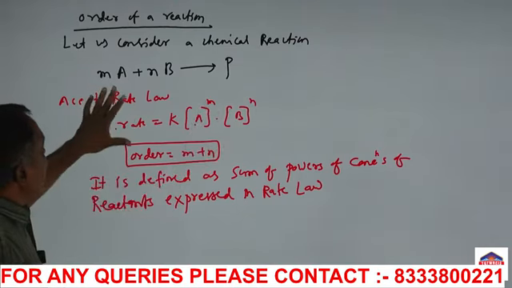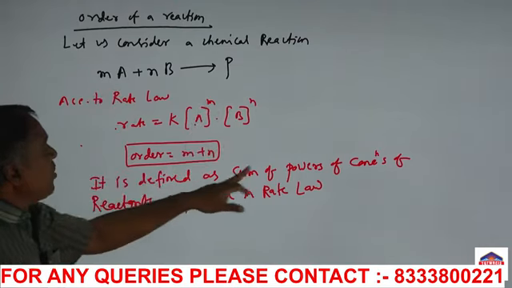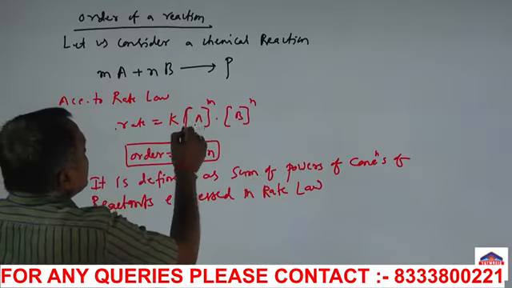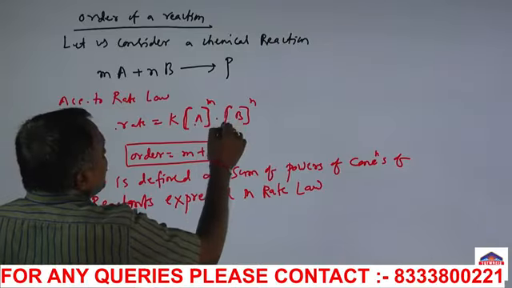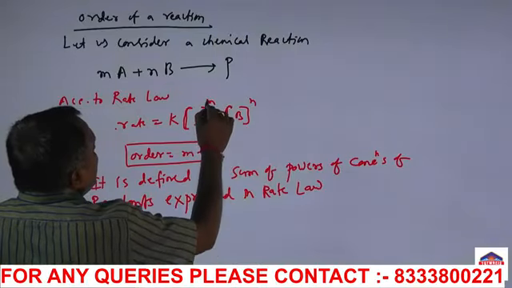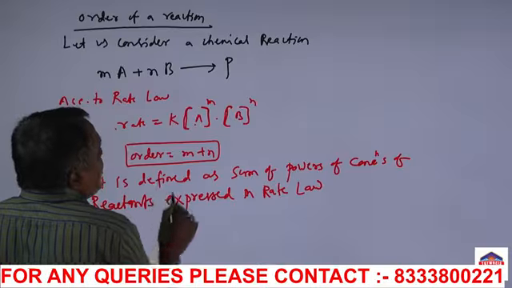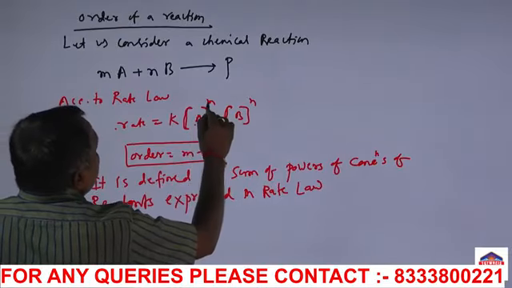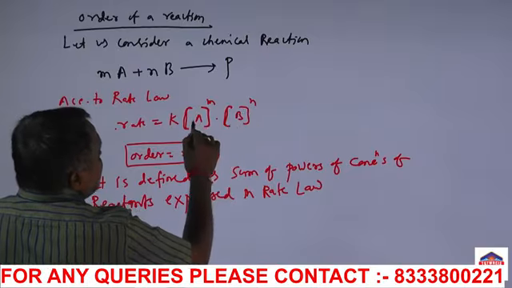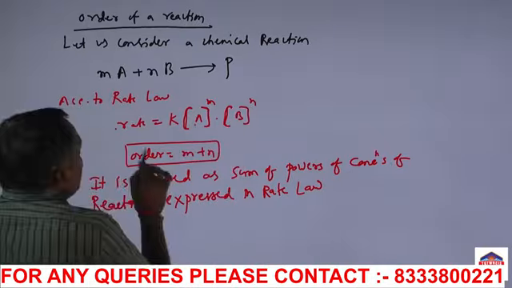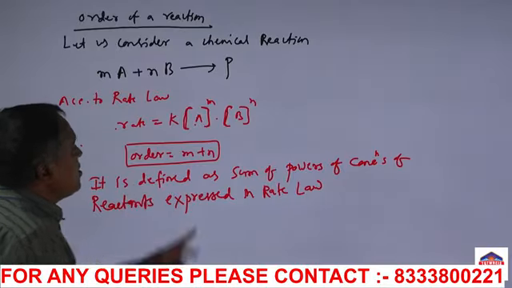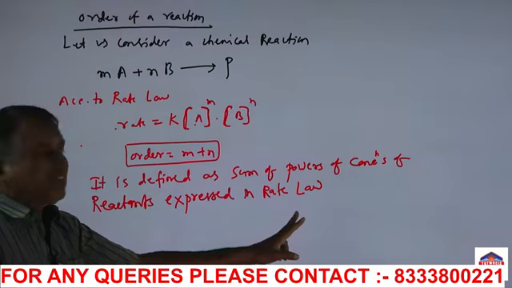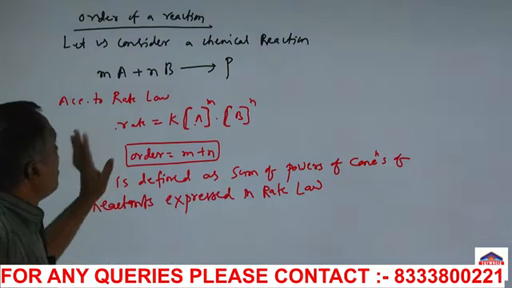So according to this rate law, the sum of powers of concentrations of reactants, this is the reactant A concentration, this is the reactant B concentration, and their power is m here and n here. Therefore, you must add both the powers of reactant concentrations A and B, then it will be equal to order. Therefore, order is the sum of powers of concentrations of reactants expressed in rate law. So this is the order of a reaction.